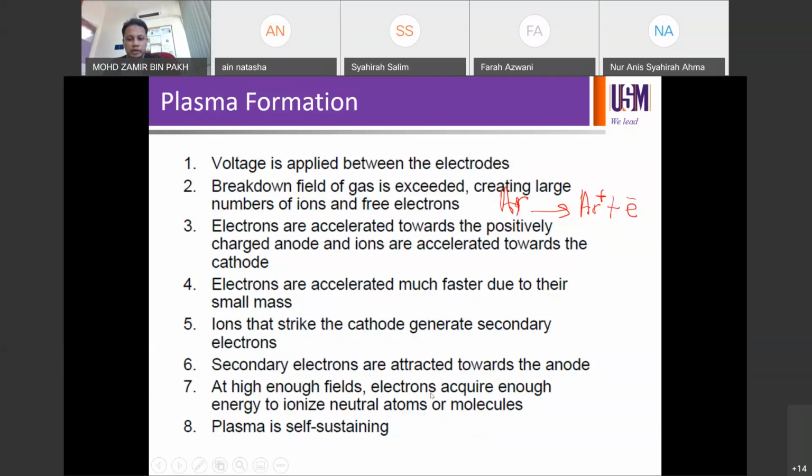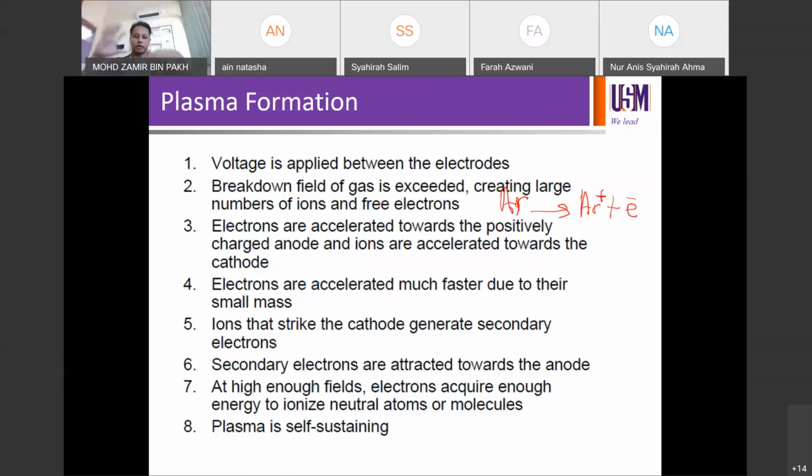Secondary electrons are attracted towards the anode, so this is pretty much the cycle of how plasma is sustained. At high enough fields, electrons acquire enough energy to ionize neutral atoms or molecules. So the ions generated can also be used to strip off another argon atom to form argon ions and sustain the plasma formation.